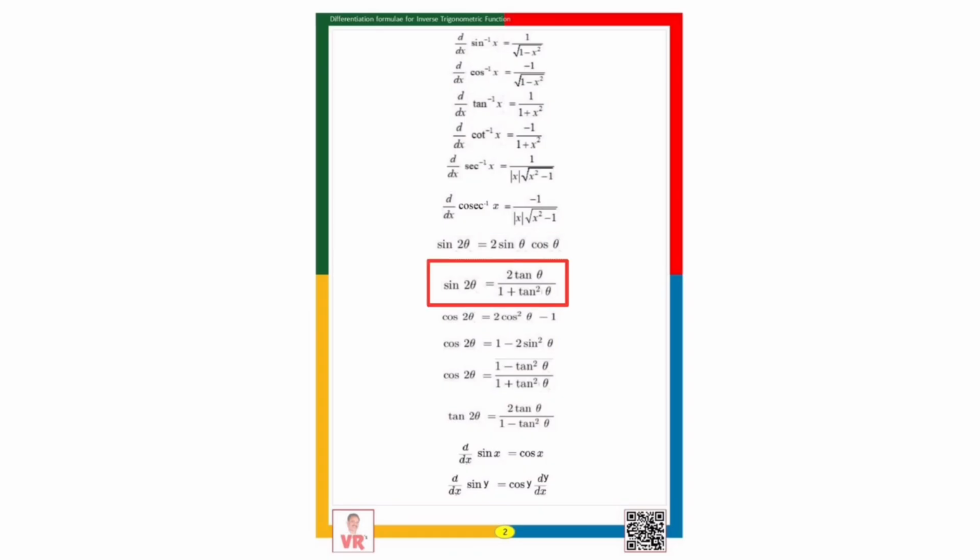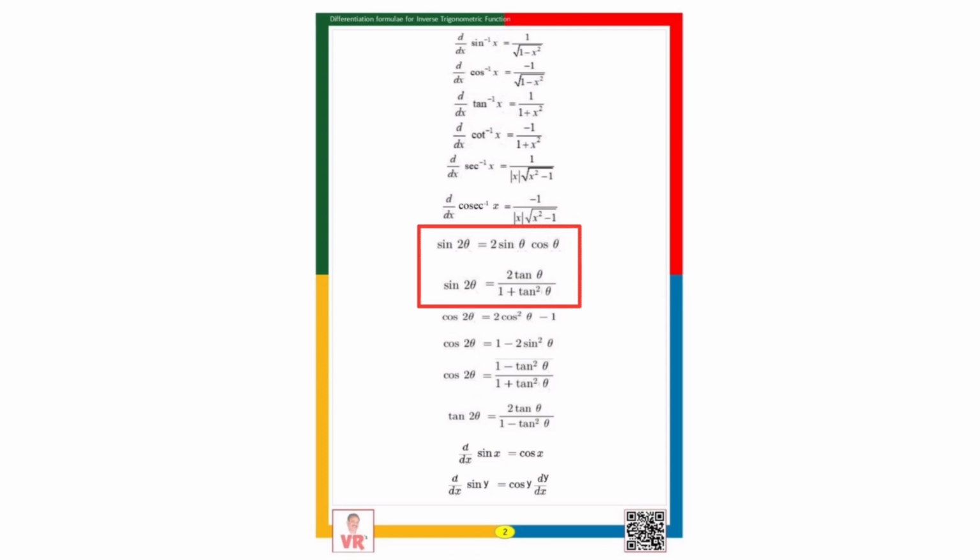Same equals 2 tan theta by 1 plus tan square theta. These two are the formulae for sin 2 theta. In early classes, we have learned this. Again, I am reminding you. Without this, you cannot move with this chapter.